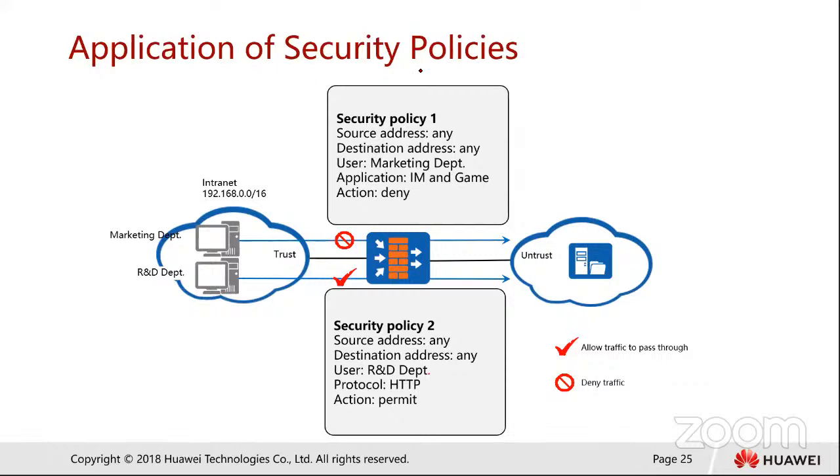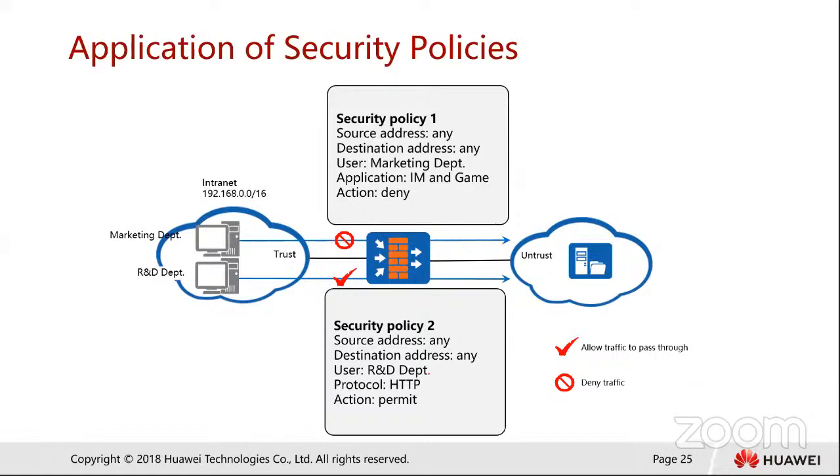So for the application of security policies, we can apply them to safeguard our networks and to filter our networks conveniently. Compared with conventional security policies, the security policies of next generation firewalls can distinguish between employees from different departments based on the users' information that they add on our quintuple. They can also distinguish between applications.